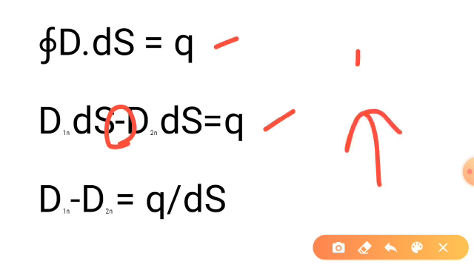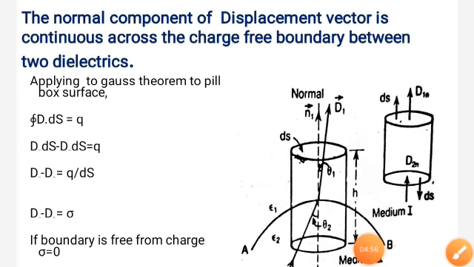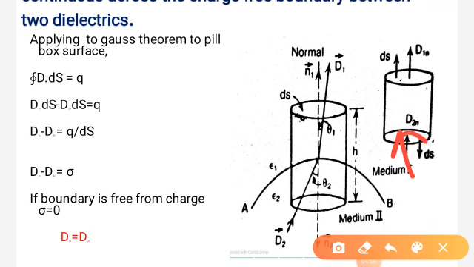One vector is inward and one vector is outward. Always outward is positive, always inward is negative.